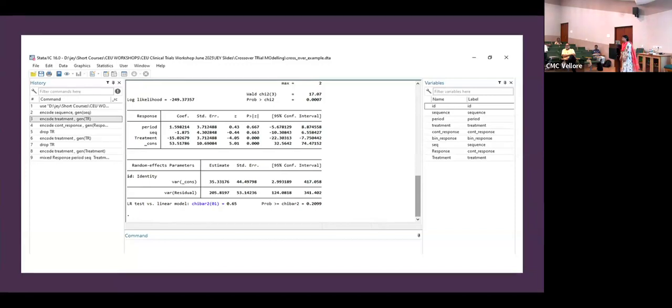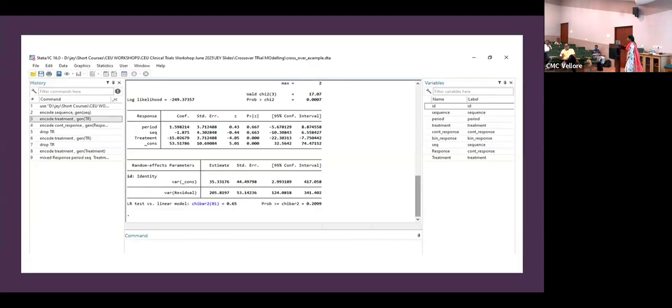So suppose that sequence becomes significant. What do you do? When the sequence is significant, that means there is a carryover effect. You report that in your paper, say that there is a carryover effect, so you don't know. For certain variables or certain settings, it may not work. Yes, definitely.